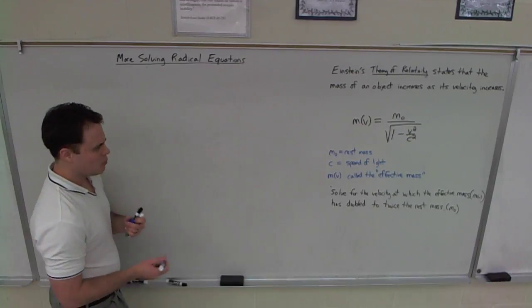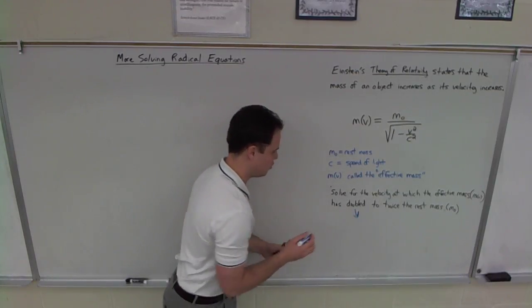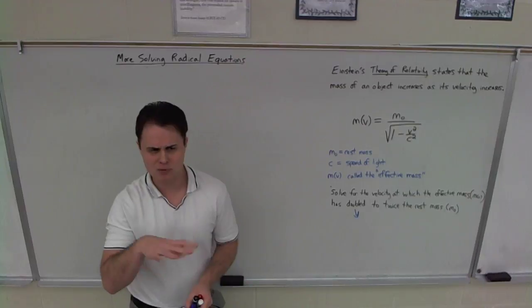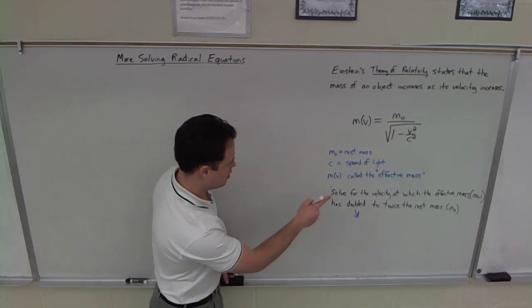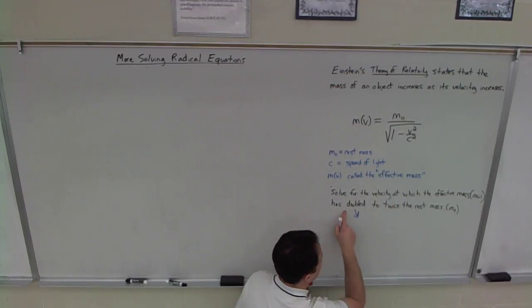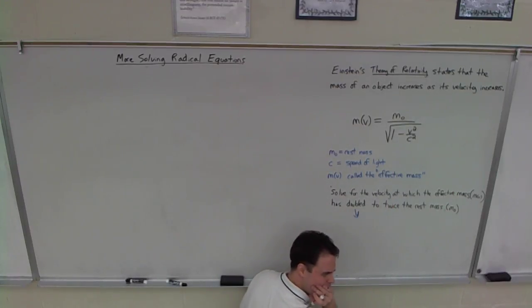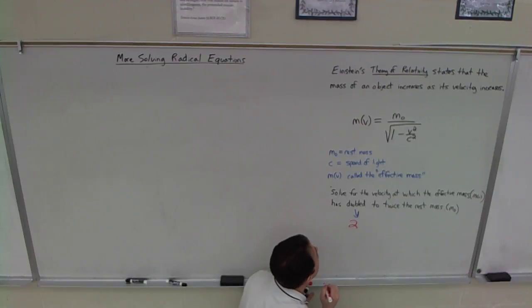Okay, so what does that mean? What should I plug in? There's something to plug in there. Any of your problems in this assignment, you should be able to plug something in. What does it mean? Double what? What do I want to double? The weight, the mass. So I should say 2 times what then? The rest mass, which was what? m sub 0.